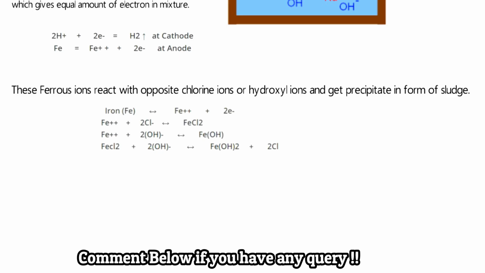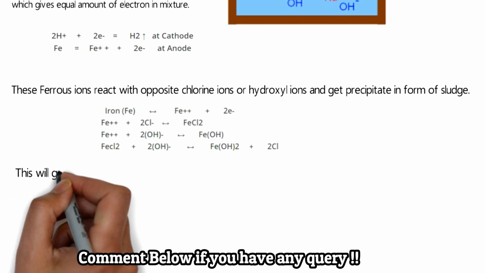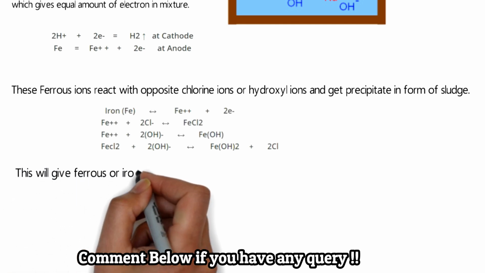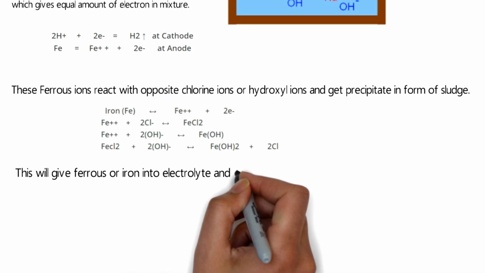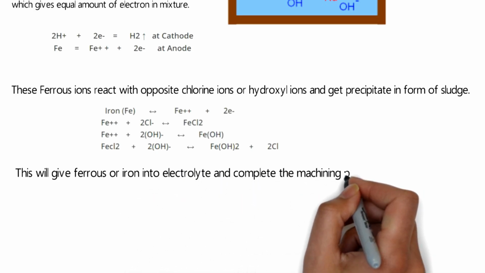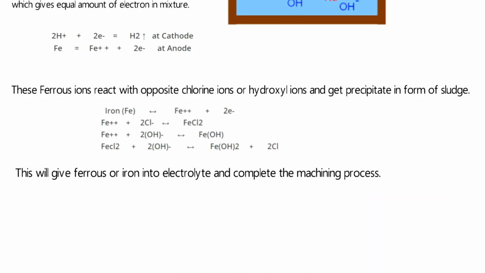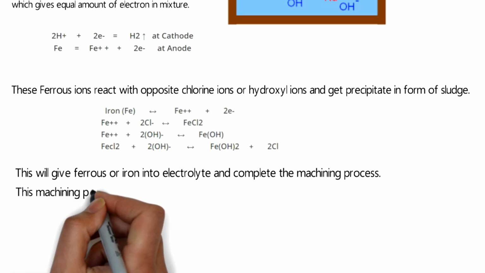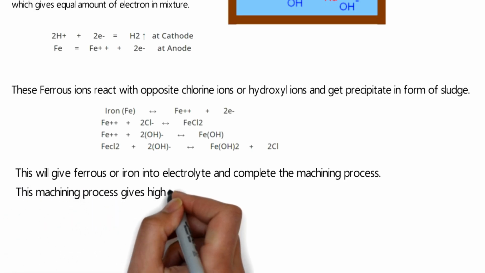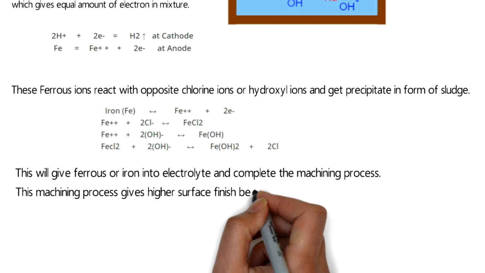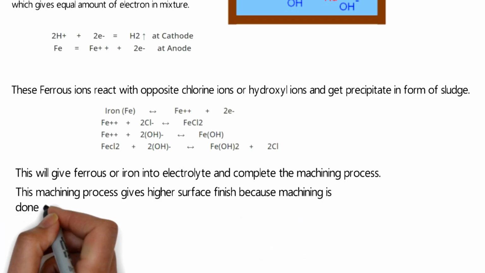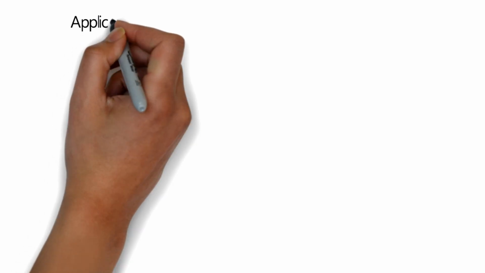So these are the reactions which form the sludge, and for the removal of the sludge we need a particular system which contains pumps and pressure gauges respectively. This will supply the ferrous ion into the electrolyte to complete the machining process. This machining process gives a high surface finish because the machining is done atom by atom.